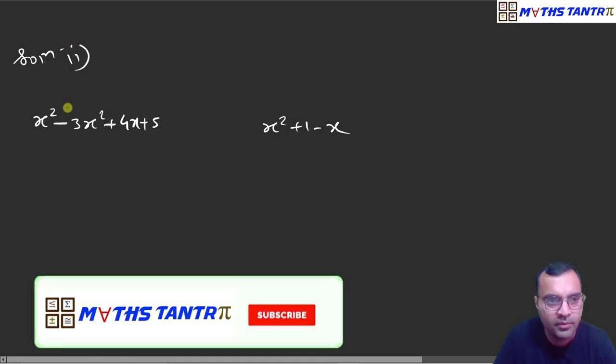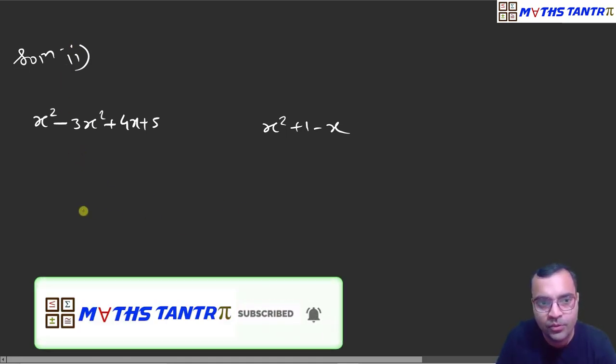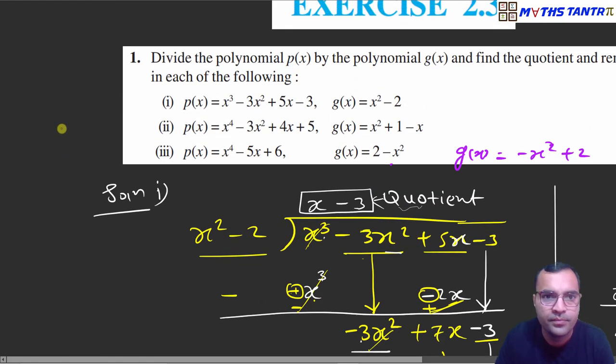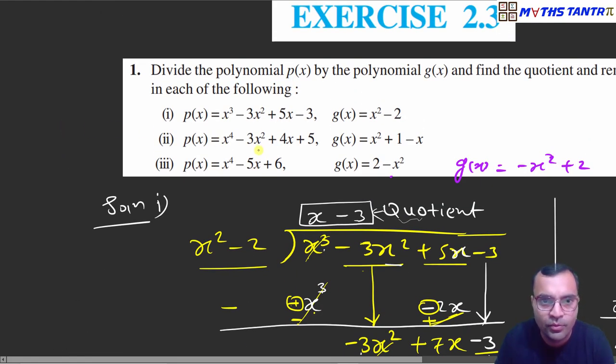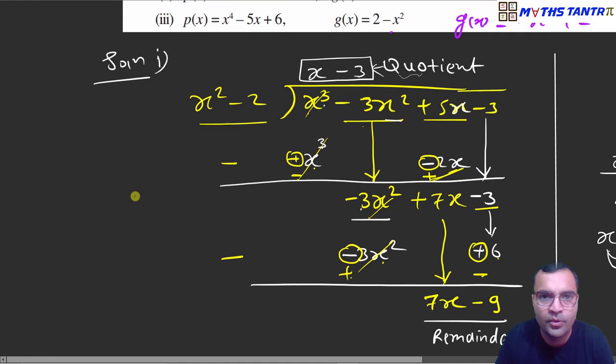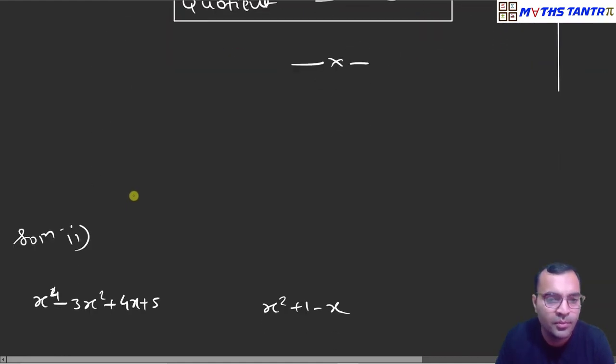Solution, second one. Now, what we are expected to do, first we should write the dividend, but it should be in descending powers. x to the power 4 minus 3x square plus 4x plus 5, divided by x square plus 1 minus x.